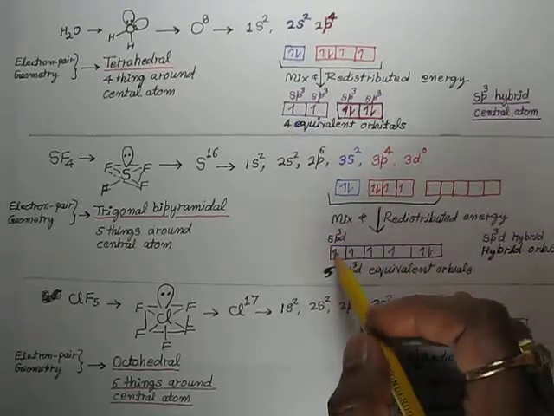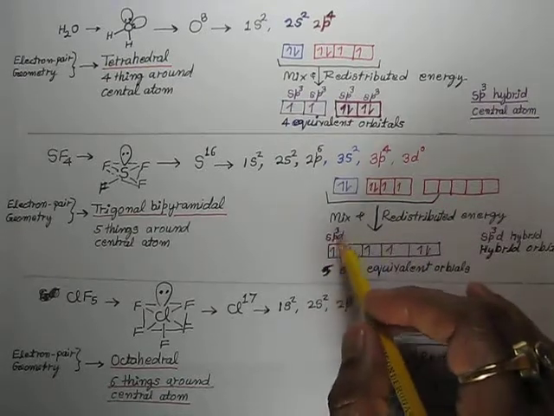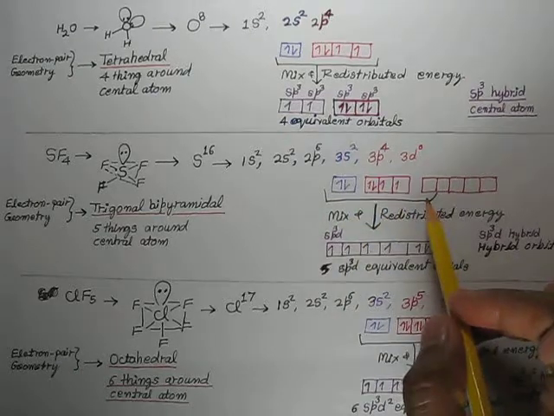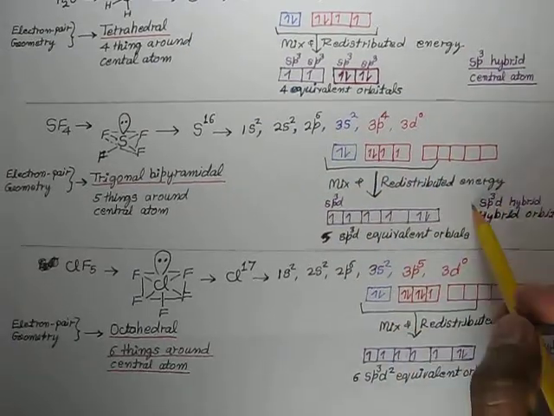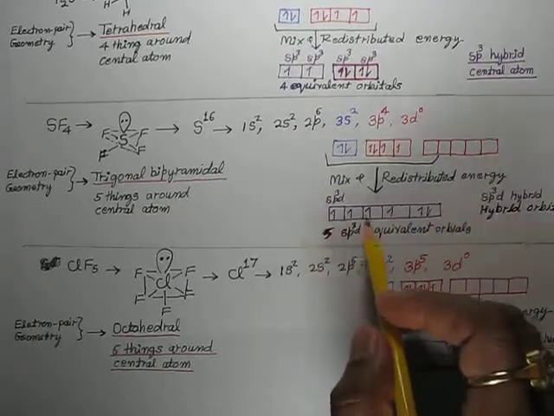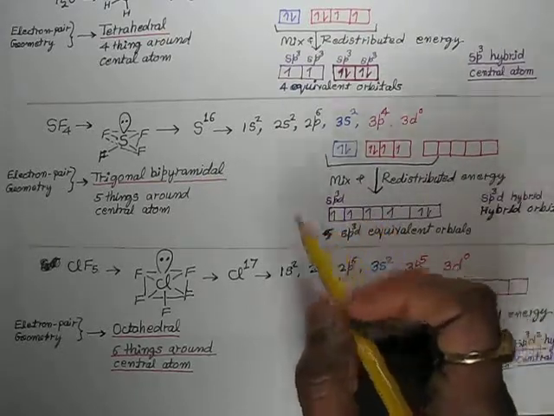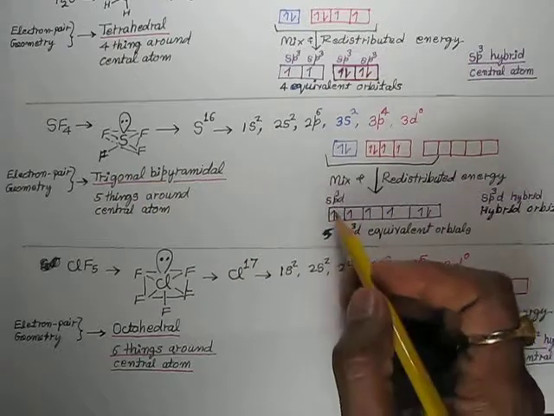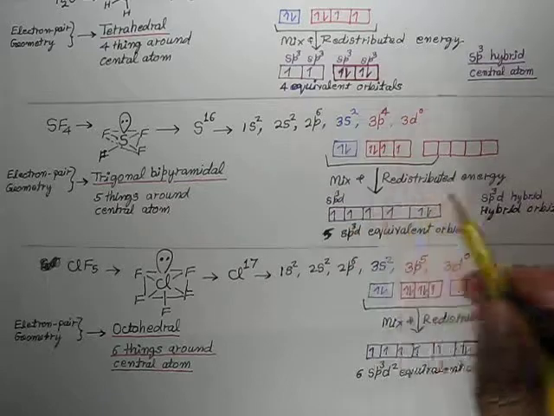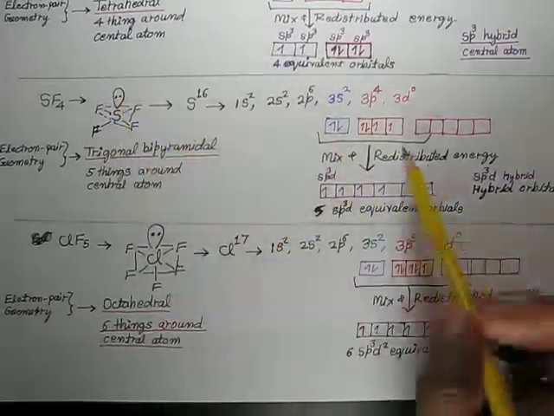So it makes 5 hybrid orbitals, which is called sp3d, because it uses 1s, 3p and 1d orbital. That is why it's an sp3d hybrid central atom. You can see it makes 4 orbitals containing a single electron, and then it can accommodate 1 electron from the fluorine to make its octet complete, and 1 lone pair remains as such.